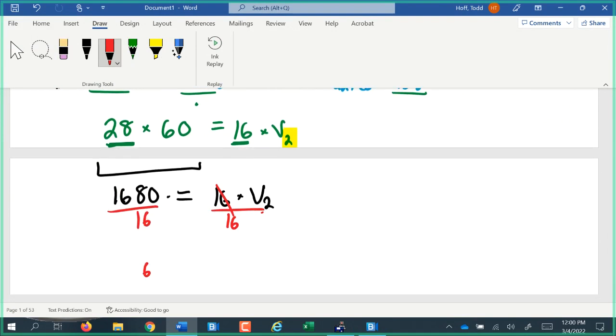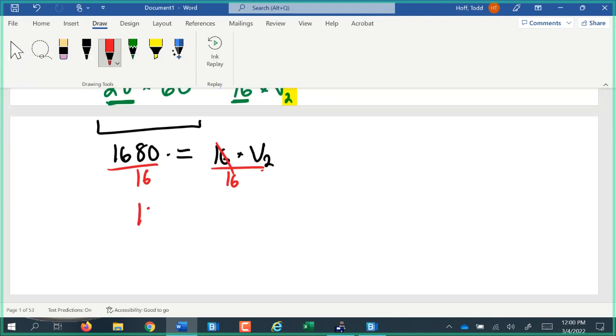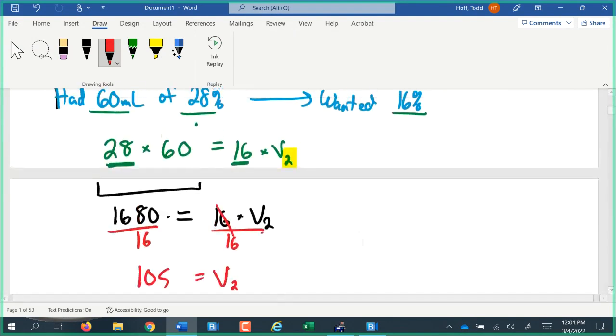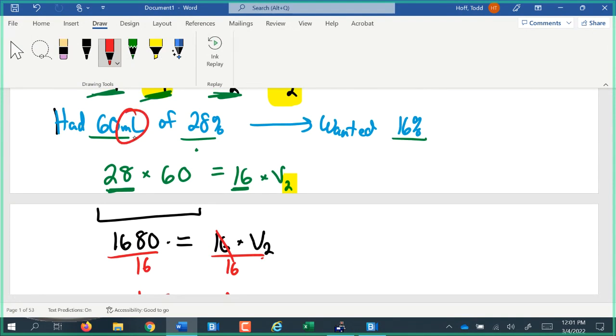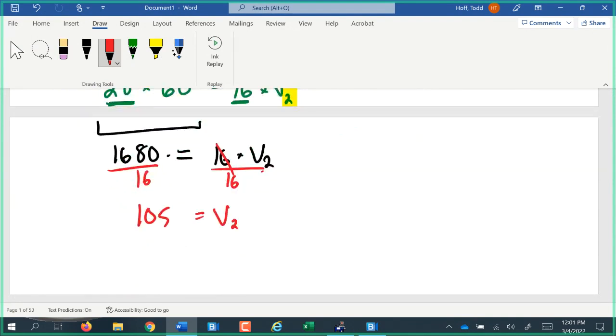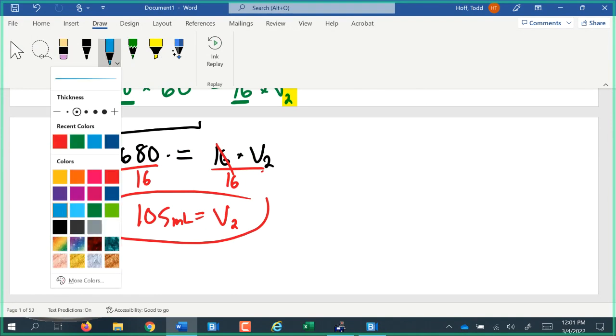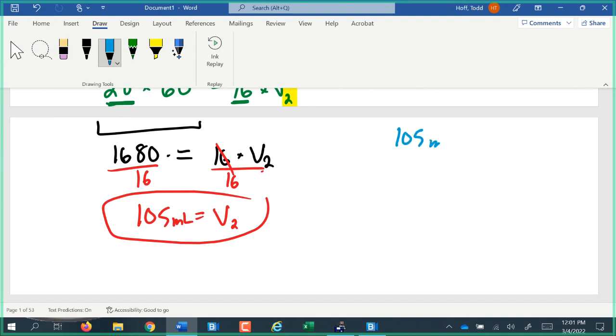Once again, we get 105 is our new volume. Now we look at what volume the 60 was in milliliters. This volume is also in milliliters. Now this is still a total volume, so to get how much of our saline should be added, we would still have to go back and subtract those volumes.